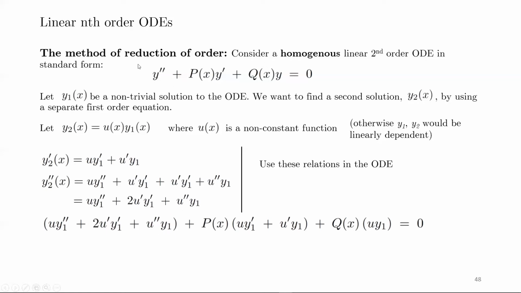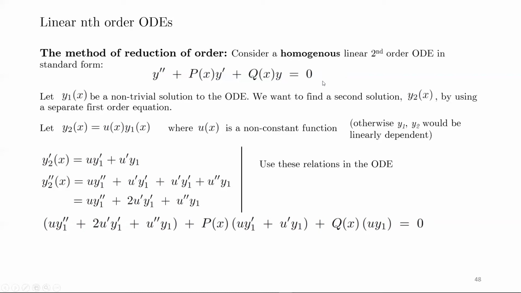So this first term is quite simply the second derivative of y2, plus p of x times y prime. But for y2 prime at least, we found this expression u times y1 prime plus u prime times y1, so you see that here, plus q times y. Well, y in terms of y2 is just simply u times y1, so we have u times y1 in here, and of course that whole thing has to equal 0.